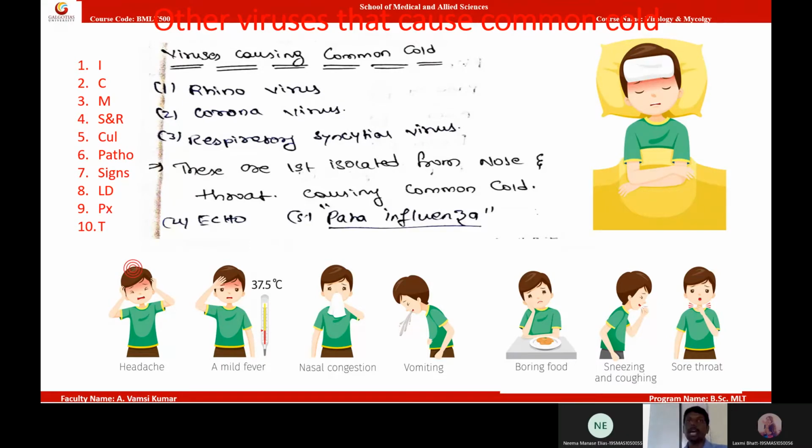then ECHO, echo virus. Echo virus means, write the full form. Echo stands for enteric cytopathic human orphan virus. Enteric cytopathic human orphan virus.